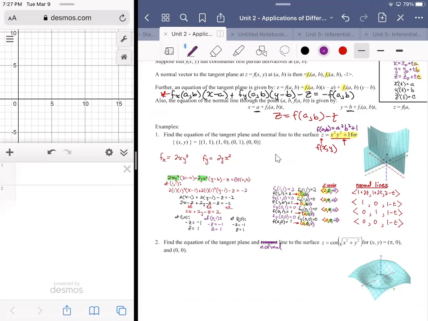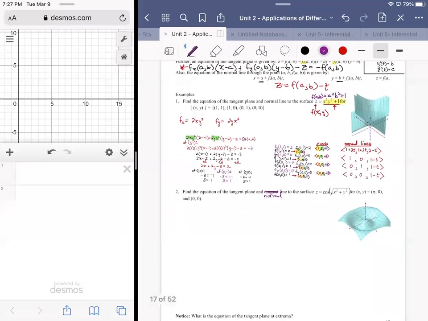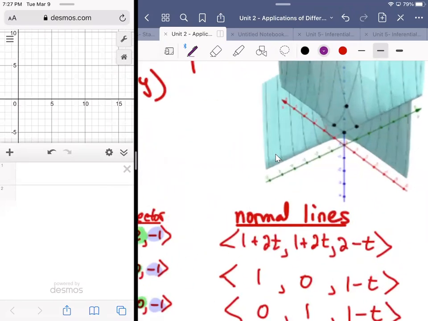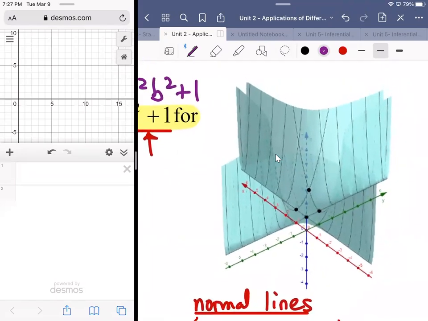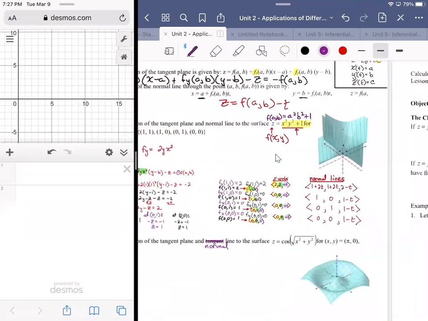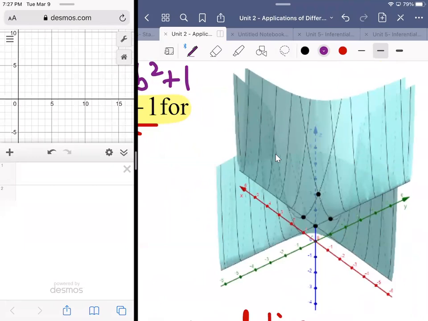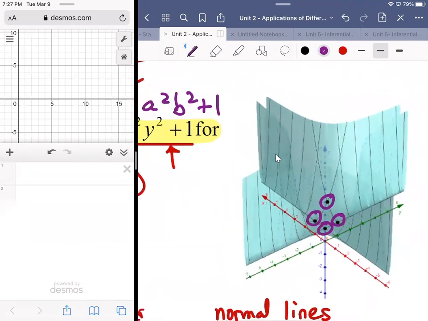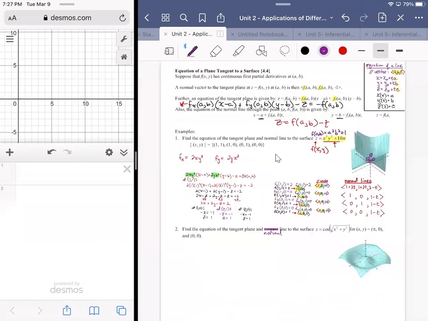Now, it's going to seem like a lot of the same stuff again, but this is really valuable information because at the bottom, notice, what is the equation of the tangent plane at extrema. Now, in this diagram, if you can make heads or tails of what's going on, by all means go for it. The only thing I expected people to notice is that there are some points indicated, and those points are consistent with the ones that were given.